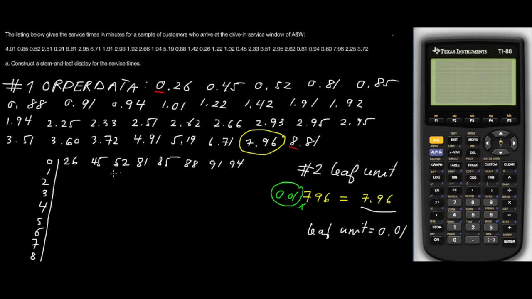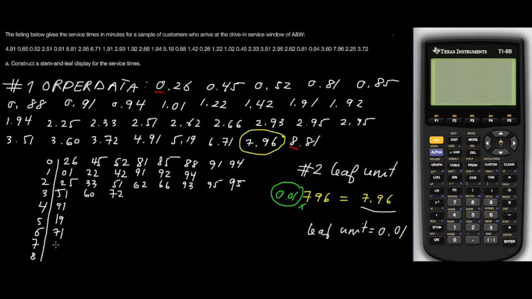So let's go ahead and fill in the rest. So 796, and finally 881. So here we go. This would be the final product of our stem and leaf display.